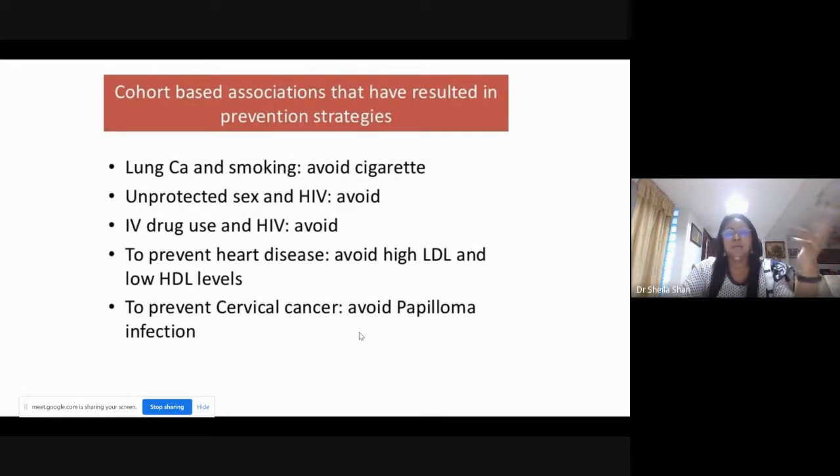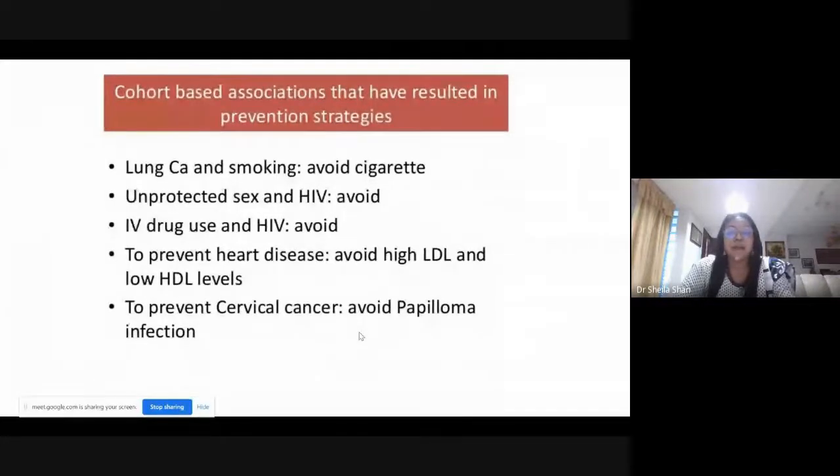Okay, here mostly examples are given on health reasons because this slide is more on health sciences. So lung cancer and smoking. What's the result? Prevention: avoid cigarettes. Unprotected sex and HIV, so we avoid unprotected sex. IV drug use and HIV, so we avoid IV drug use.